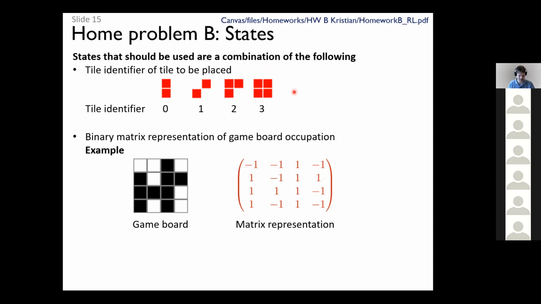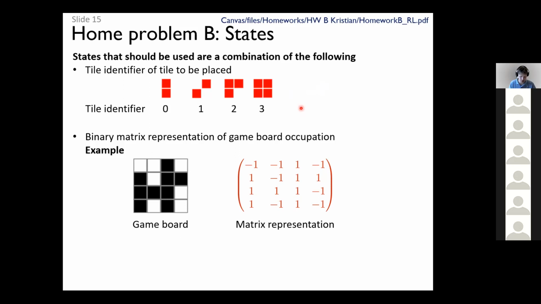Another question is, are previous tiles relevant? Should you use previous tile types as the state? That doesn't seem relevant, I don't think.